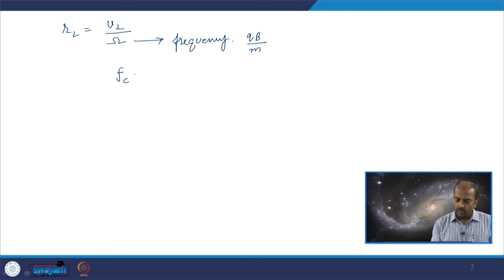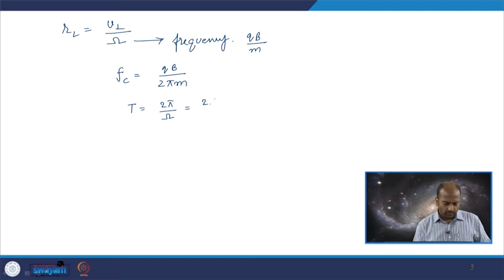So, we can write the frequency as QB by 2 pi M, and the time period of this execution is 2 pi by omega, which is 2 pi M by QB. Okay.